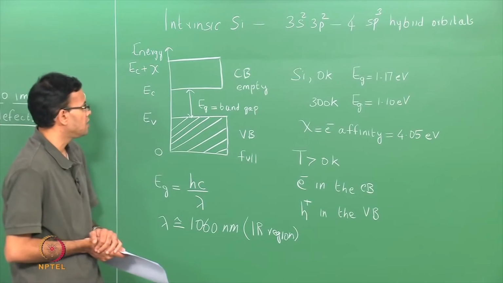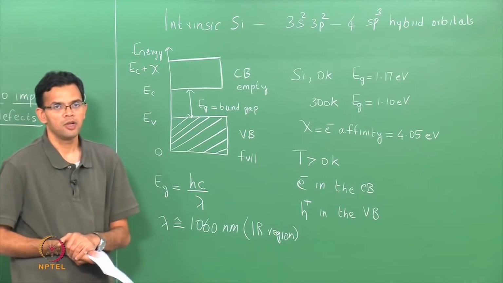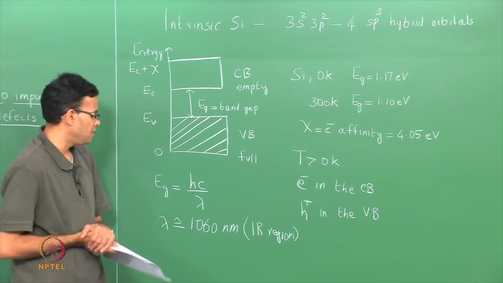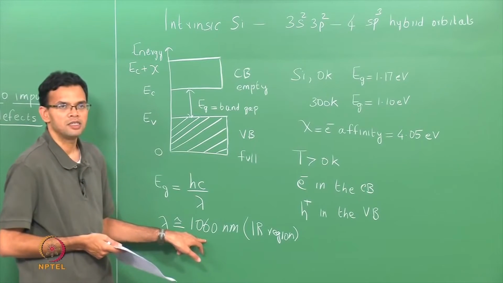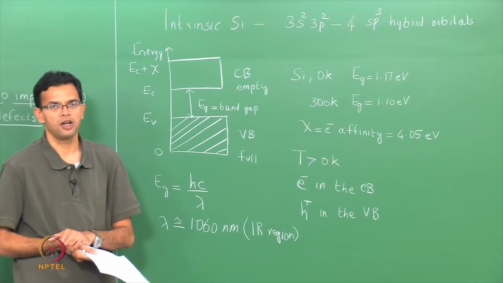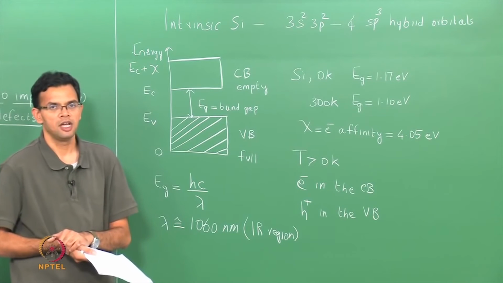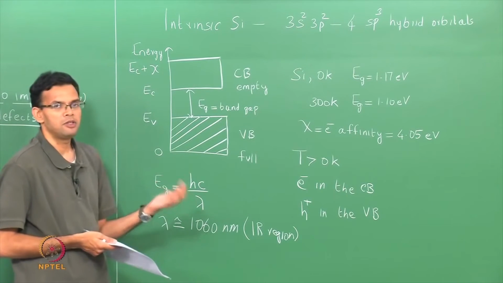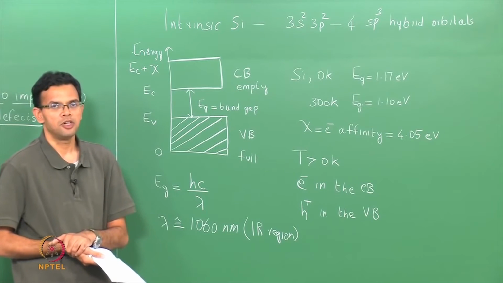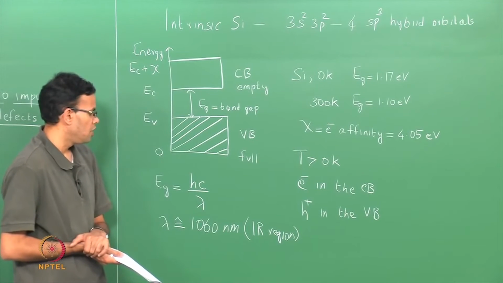So, this explains why silicon is opaque, because visible light has a wavelength less than 1000 nanometers. The visible range is from 400 to 800 nanometers, which means silicon will be able to absorb the visible light and produce electrons and holes.